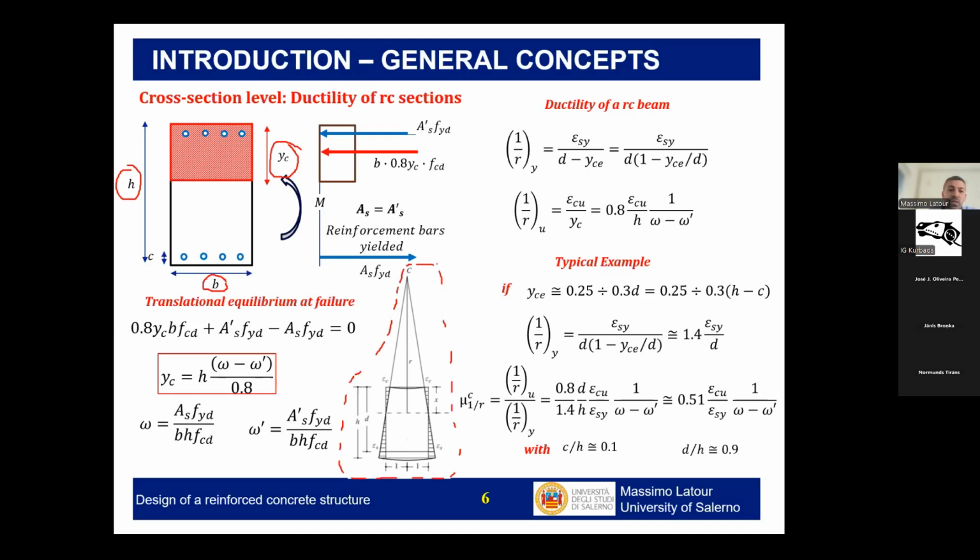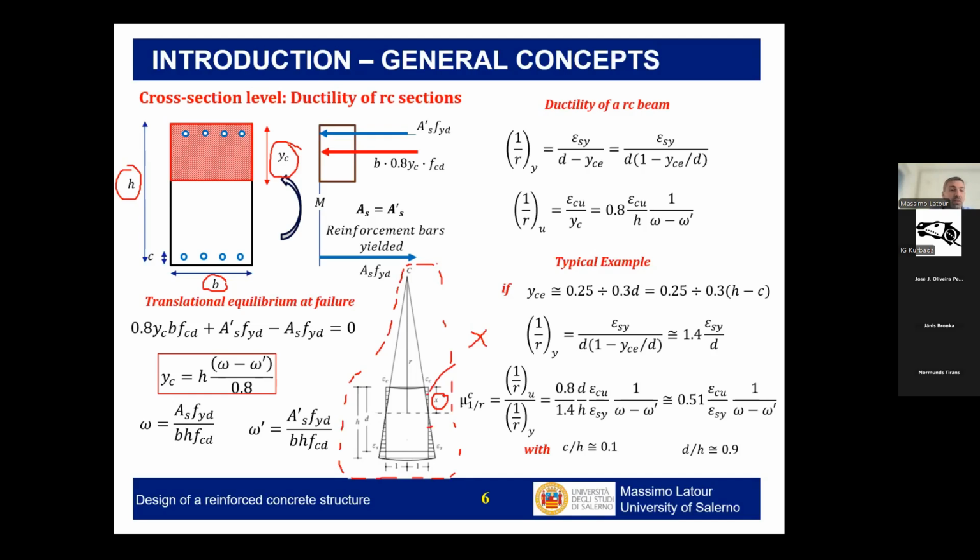If this is the depth of the neutral axis, typically the angle of the strain diagram, which is the curvature of the cross-section, will be larger if the neutral axis is lower. So if I limit in design the depth of the neutral axis, I will be able, directly or indirectly, to control the ductility of the cross-section.